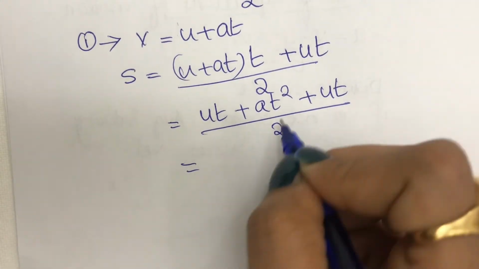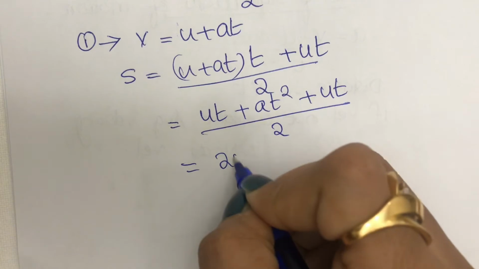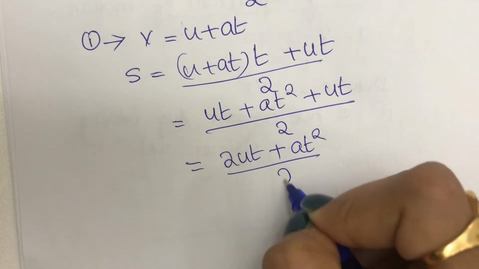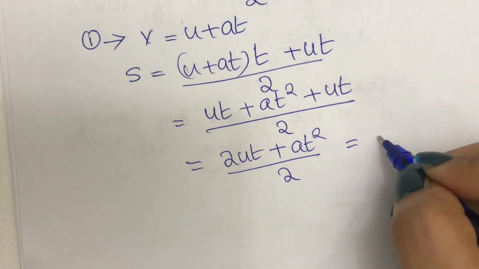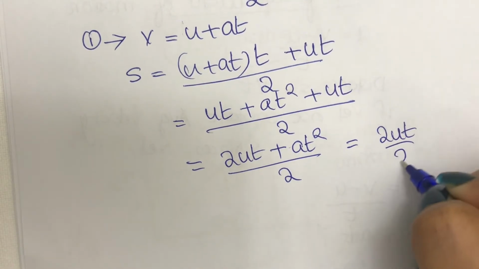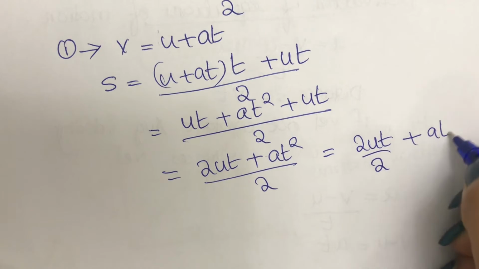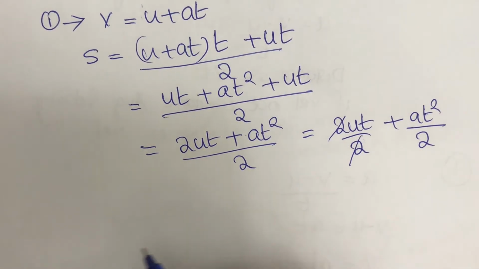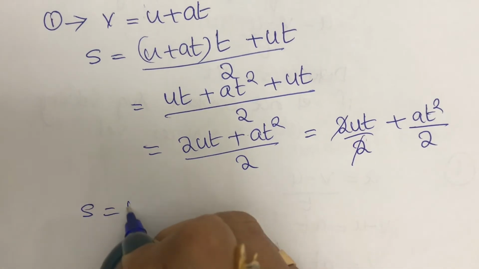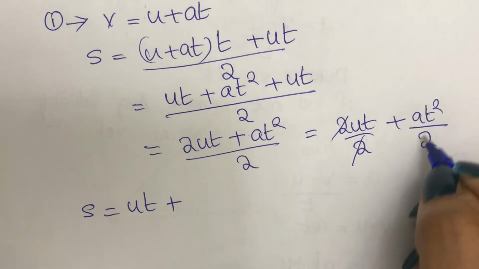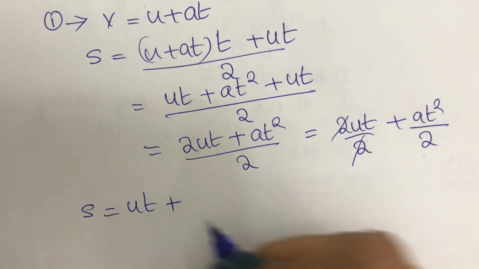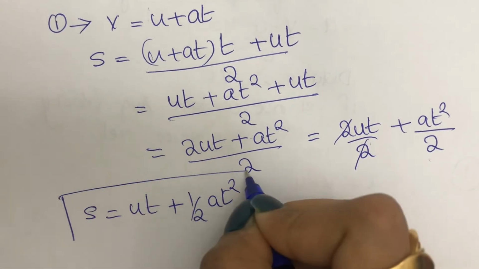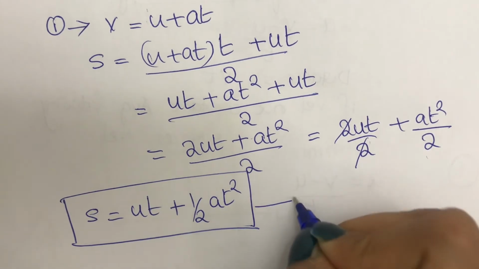How many ut do we have? 2ut. So it is 2ut by 2 plus at square by 2, and the 2s cancel. So s = ut plus at square by 2, that is, ut plus half at square, and this is our second equation.